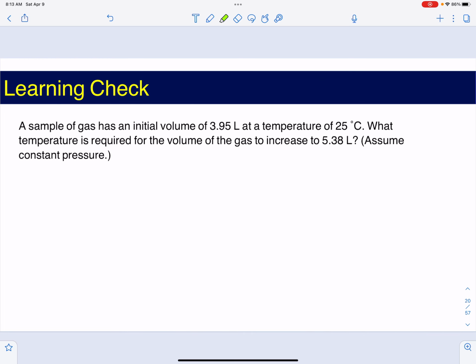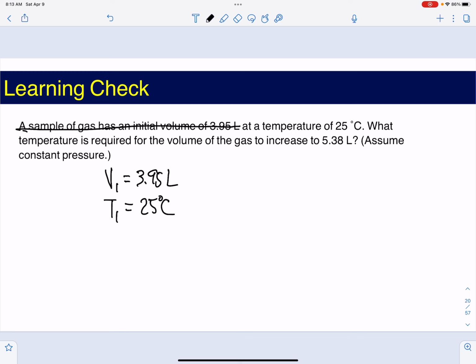A sample of a gas has an initial volume, so once more, V1 equals 3.95 liters, and an initial temperature of 25 degrees Celsius.